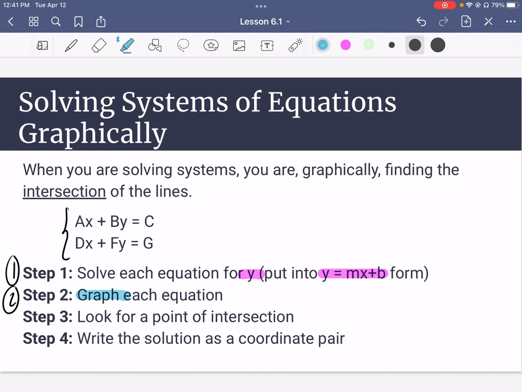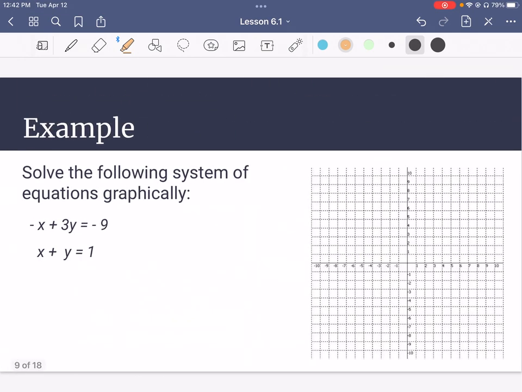That just tends to be the quickest and easiest way for us to graph because you can automatically identify the y-intercept and the slope. Step number 2, actually graph the equation. Step number 3, because we're solving a system, you're going to look for the point of intersection. And then step number 4, write the solution as a coordinate pair.